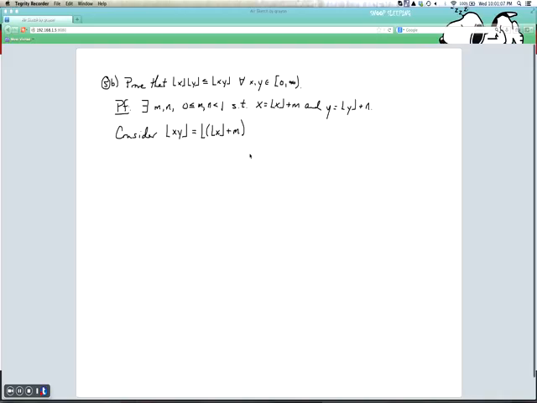So floor of x plus m quantity times the floor of y plus n quantity. So just FOIL this out. You've got the floor of x times the floor of y, and then we've got m floor of y plus n floor of x plus mn. And we're looking at the floor of that whole creature.